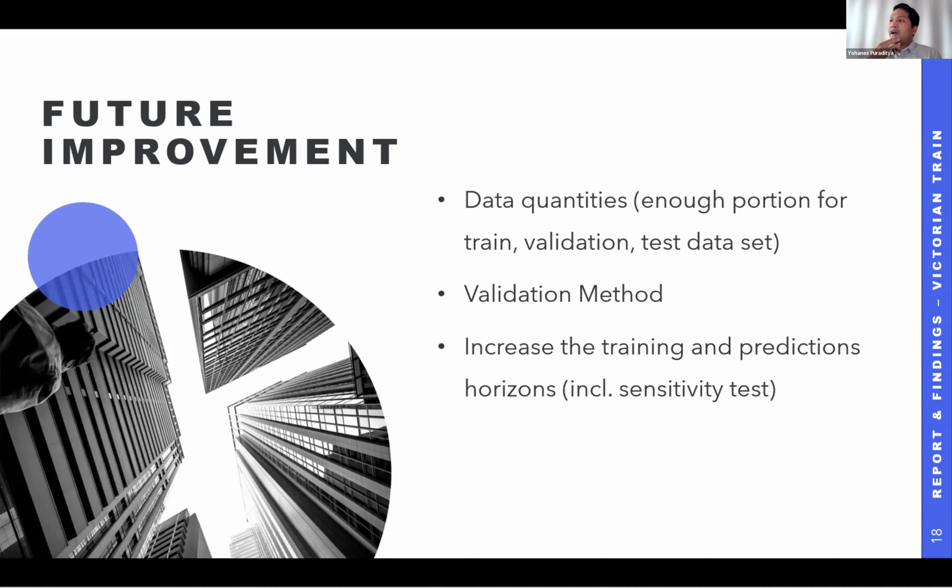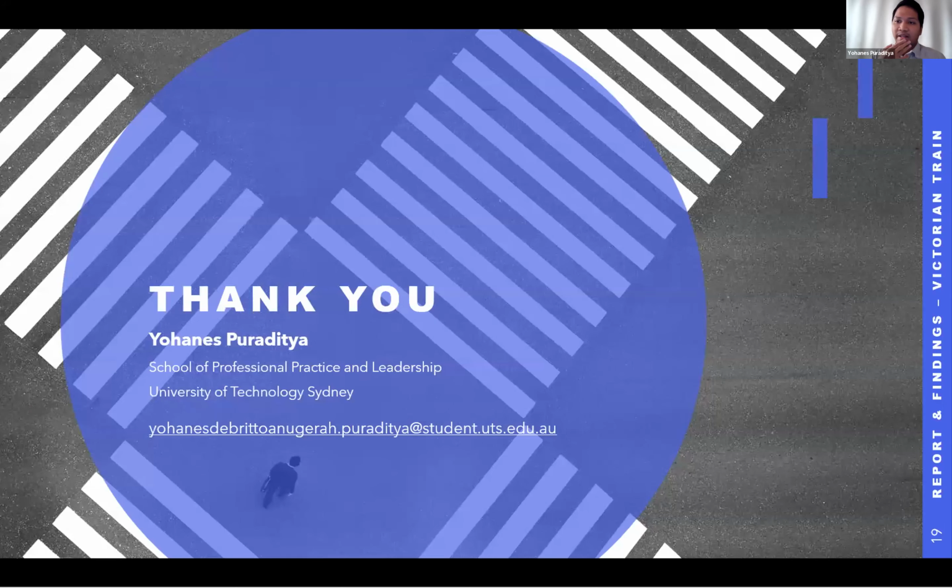And then we also decide what validation method that we want to use. And then we want to increase the training and prediction horizons, and include sensitivity tests. Yeah, that is all from my presentation.